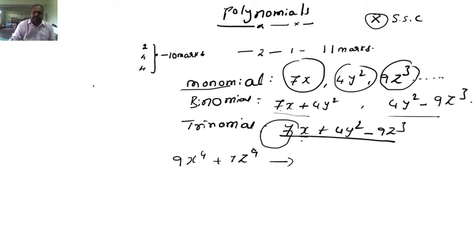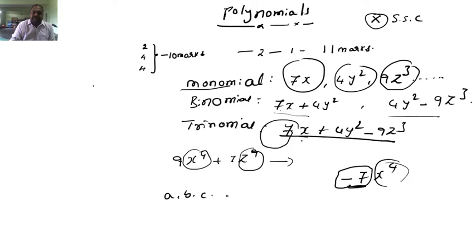So in this, z power 9 coefficient is 7, x power 4 coefficient is 9. Suppose minus 7x power 4. Now the x power 4 coefficient is minus 7. Coefficient means which is multiplying the variable. Variable means x, a, b, c, d, e, f, g, h. So these are variables, alphabets a, b, c, d, e, f.